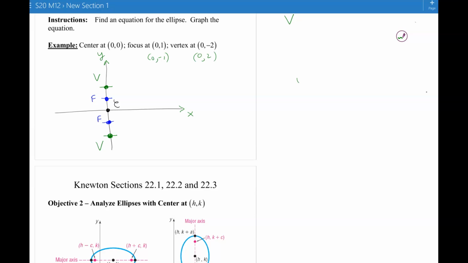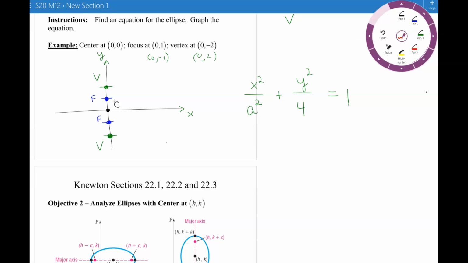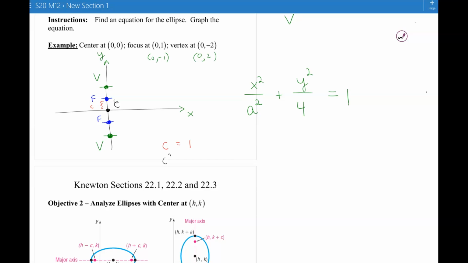Okay, so it's larger in the y direction. And from center to vertex, it's 2. So we square that and put it under the y squared term. Then we don't know what number goes under the x squared term, but we do know something about little c. Little c is the distance from the center to the focus, so that's 1. So c squared is 1.